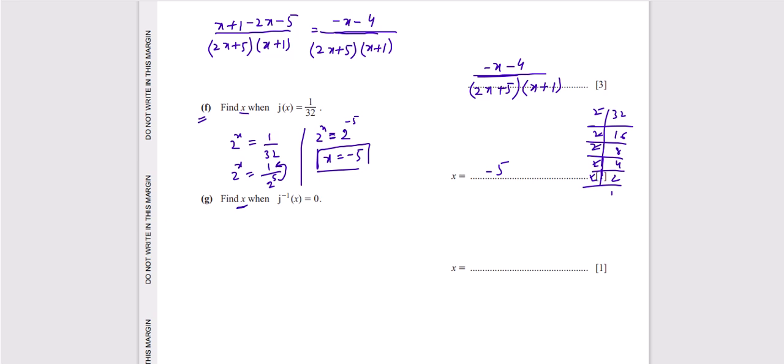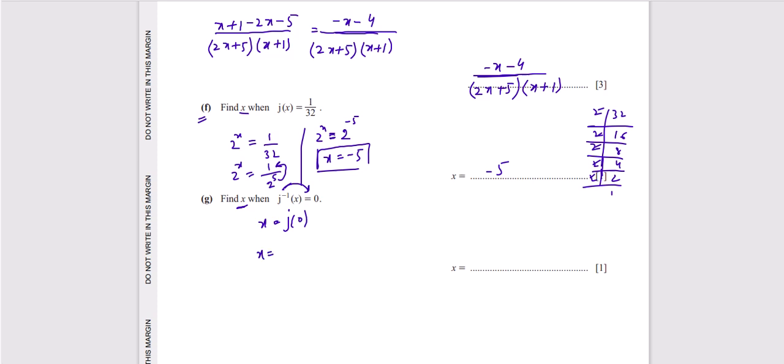Now find x if j inverse of x is equal to 0. j inverse of x is equal to 0. If we solve this one, inverse of j converts to the other side, so x is equal to j of 0.